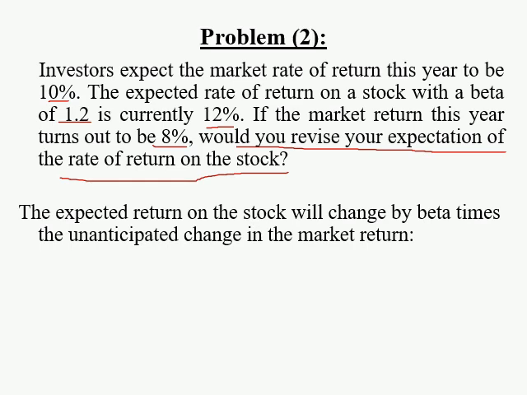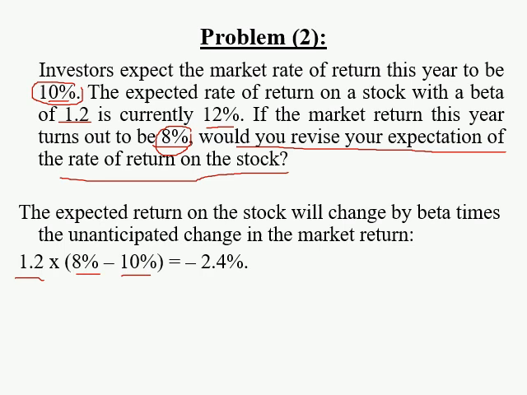The expected return on the stock will change by beta times the unanticipated or unexpected change in the market return. So this is beta 1.2, the beta of this security, times 8% minus 10%. So I will put the beta and multiply it by 8% minus 10%.